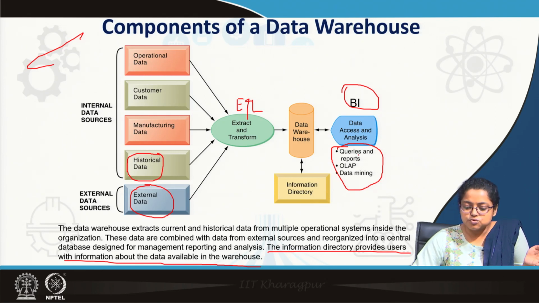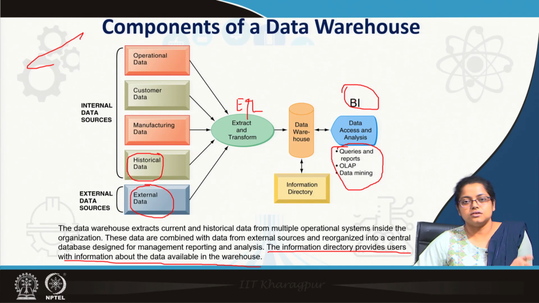These tools and features are primarily querying and reporting tools, OLAP, which stands for Online Analytical Processing, which we'll discuss soon, and thirdly, data mining. These three tools and techniques help an organization derive business intelligence out of data in the data warehouse. I hope this concept is clear.